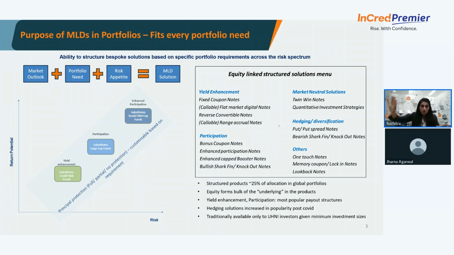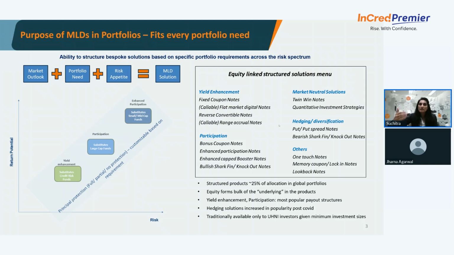So whatever your view, whatever your need, whatever your risk appetite, there will be an MLD solution that can fit into your portfolio. And then there is the whole concept of principal protection, which is kind of thematic. It's an underlying vein across the different types of solutions that can be provided.